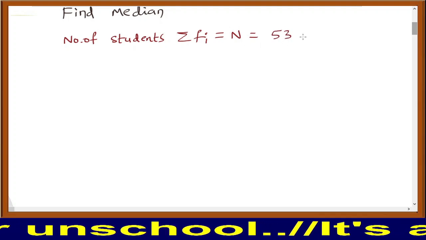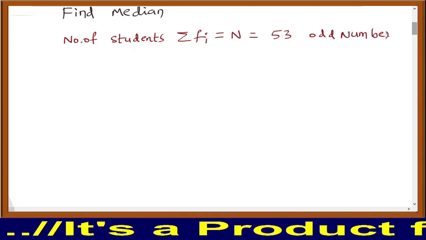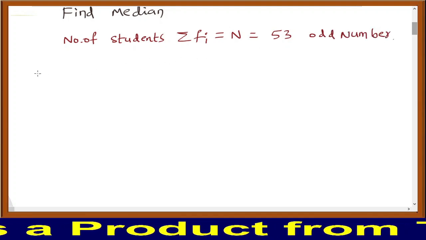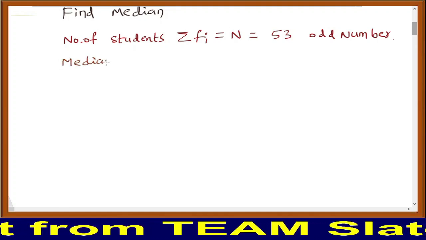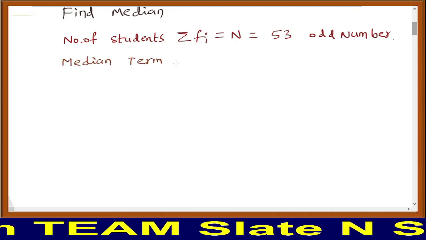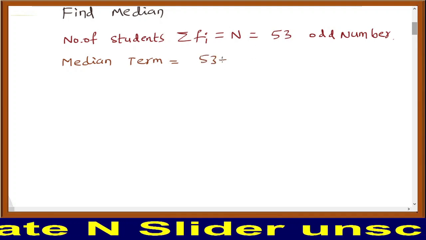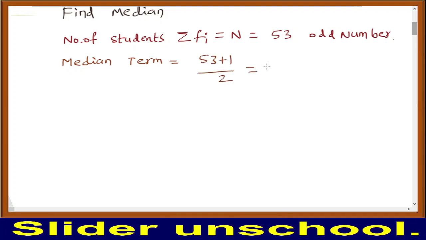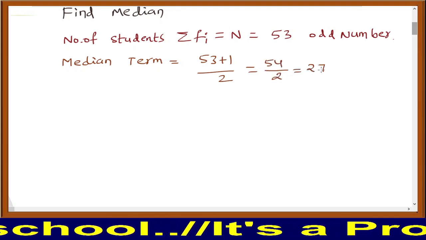Here n is an odd number. If the number of students is odd, then the median term will be (n plus 1) by 2, that is (53 plus 1) by 2, that is 54 by 2, which is equal to 27.